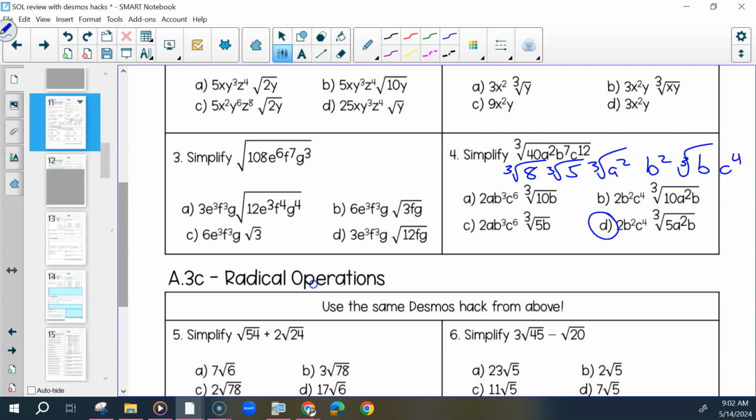The cube root of 8 is 2. And everything outside of the cube root would come with the 2. So B squared, C to the 4th. And then everything underneath the radical would stay there. So times the cube root of 5A squared B.